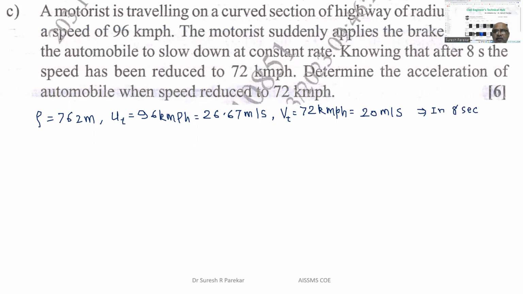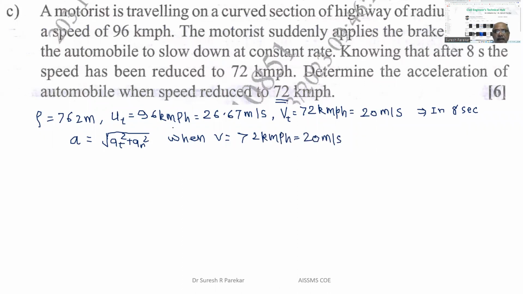Then the speed has reduced to 72. Determine the acceleration of the automobile when the speed reduced to 72. Means we have to find acceleration, which is equal to root of at square plus an square, when v is equal to 72 kilometers per hour, which is 20 meters per second.